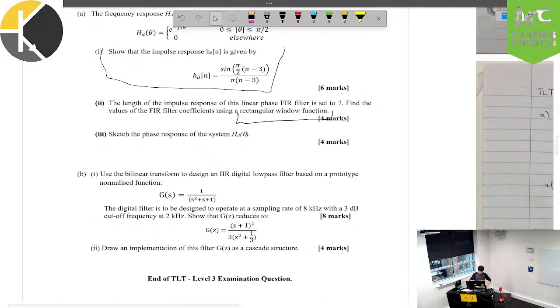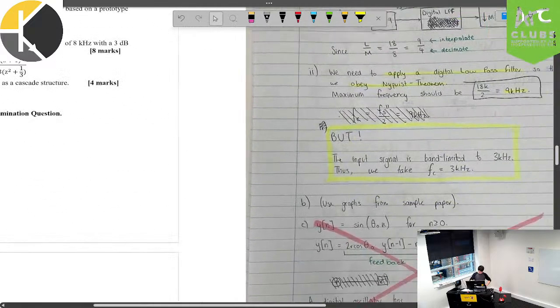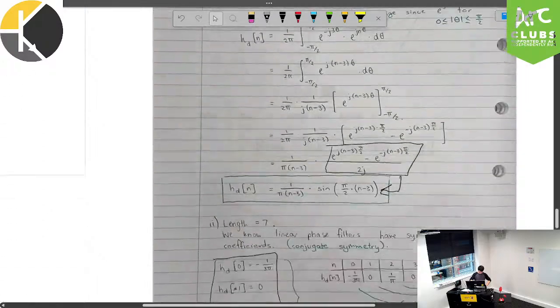Okay, so we had the magnitude response. We were able to work backwards from that to get the coefficients just on their own in the time domain. And now we're going to bring it back to get the phase.